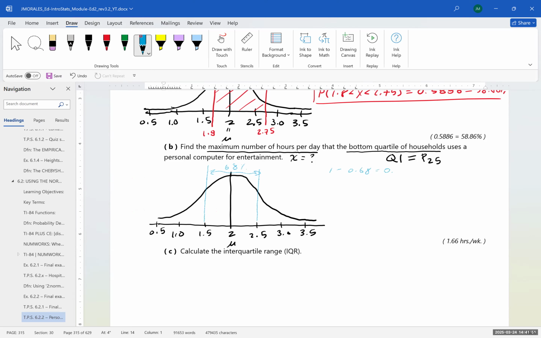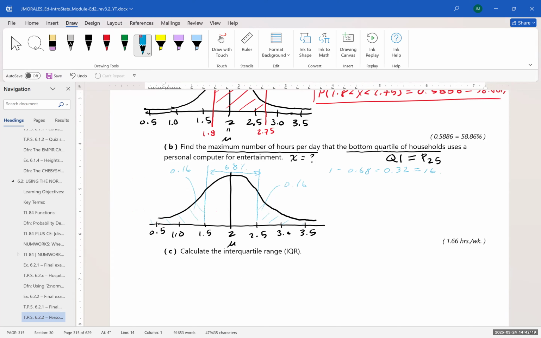That's going to be 0.32. And so there's going to be 32% on both sides of the tail, which would be 16%. So according to the empirical rule, this area is 16%, and this area is also 16%.